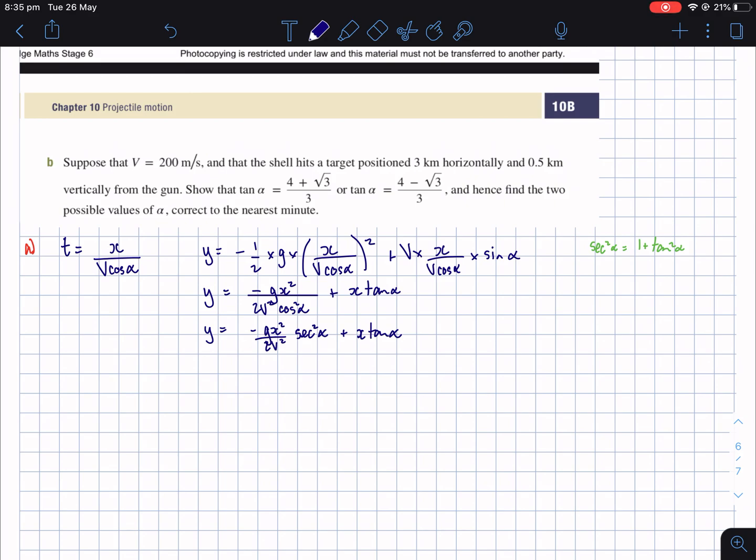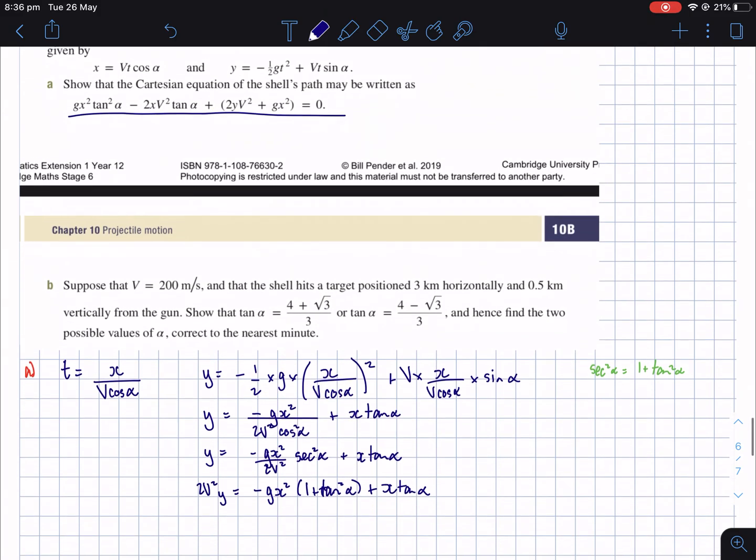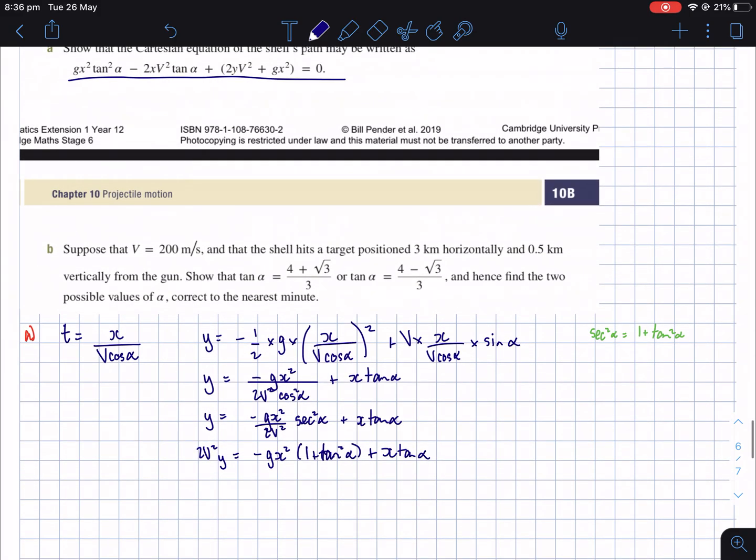I'm going to replace sec squared, but before that I'm going to times everything by 2v squared. 2v squared y equals minus gx squared, sec squared is 1 plus tan squared, plus 2v squared x tan alpha. Now if I get everything on the left, I want my x squared terms first, then my x term, then my constant terms.